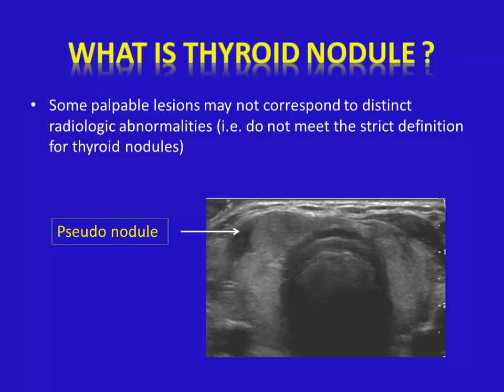Keep in mind, not everything you feel by palpation corresponds to a true thyroid nodule. Like in this example, if we palpate the patient here, you will find a bulge at the right thyroid lobe in conjunction with the isthmus, and this is not a true nodule, but just a pseudo-nodule formed by a bulge of the thyroid tissue.